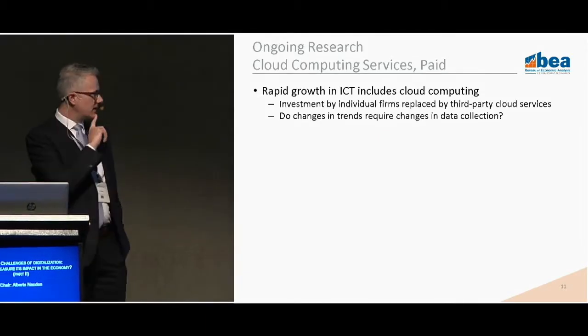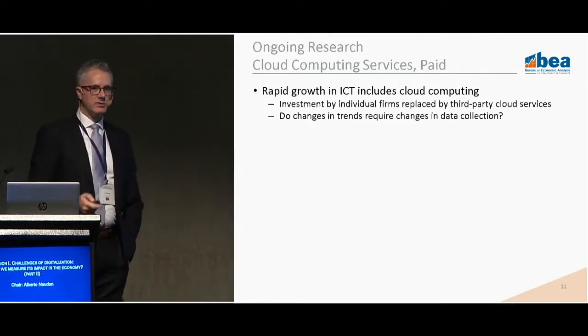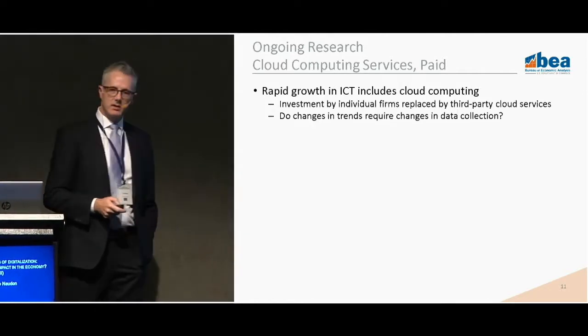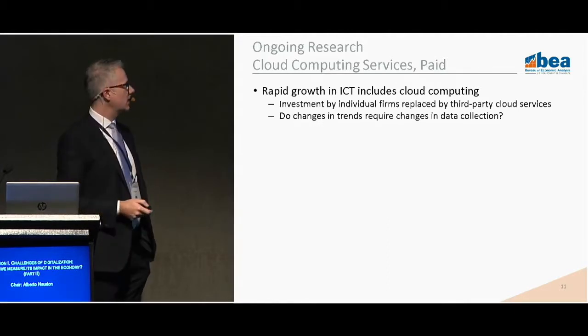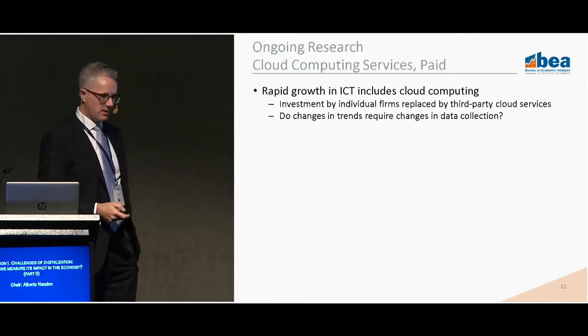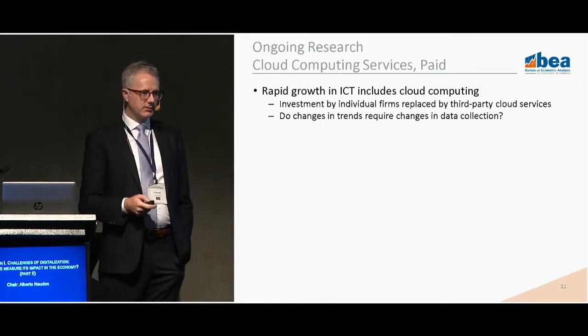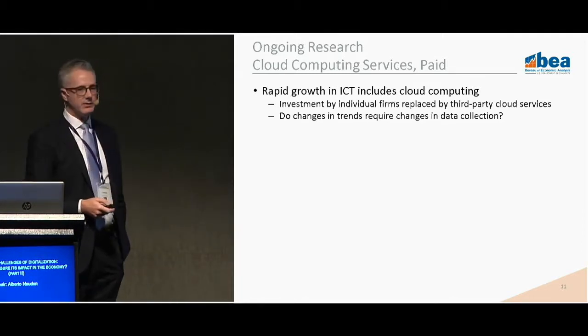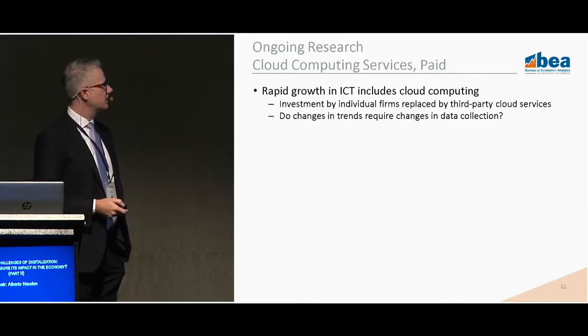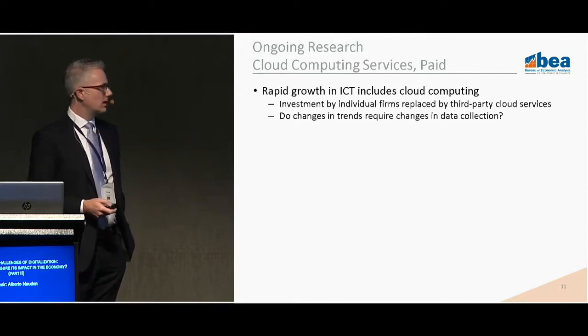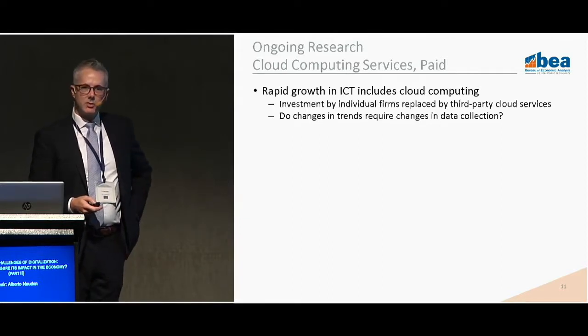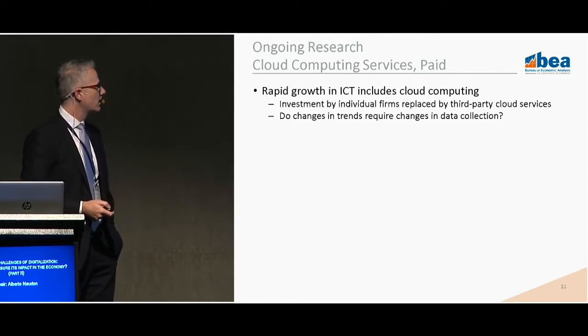So I mentioned at the beginning that an area where we've made some recent progress is preliminary estimates of cloud computing services. So prior to the 2018 comprehensive update of the National Income and Product Accounts, it came to our attention that there was some slow growth in investment of ICT.